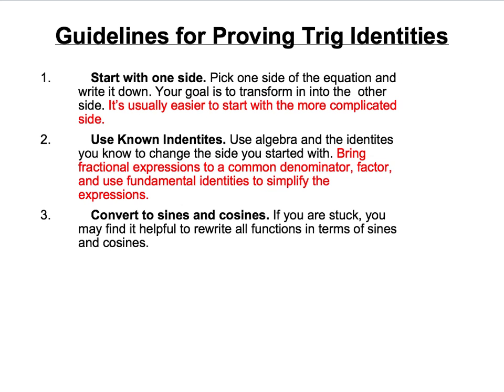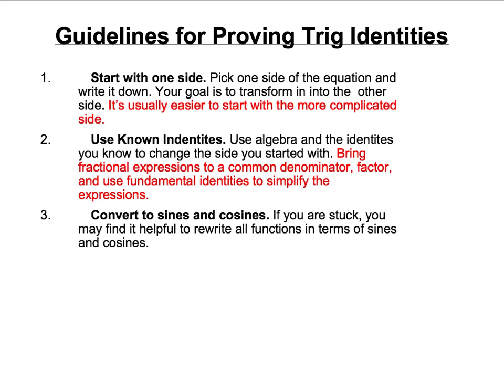The general steps for this, and I say general steps because there's not a single one of these that are identical. There's a lot of different techniques we're going to use. I'm going to go through 4 examples to show you different types of techniques that you may use to prove trig identities.